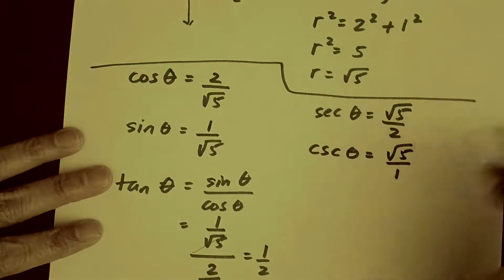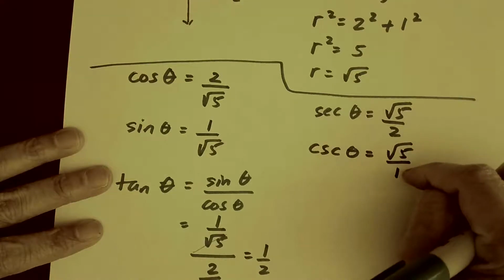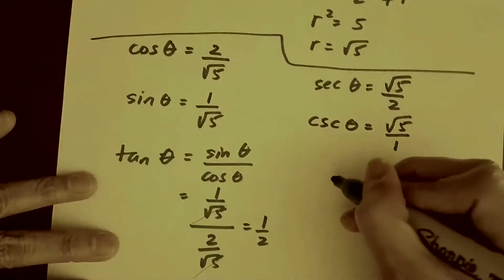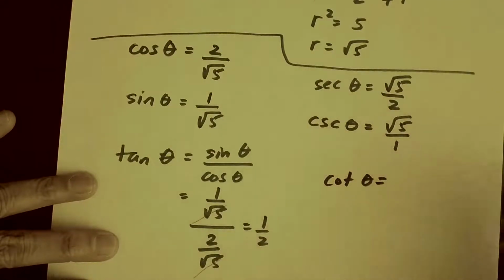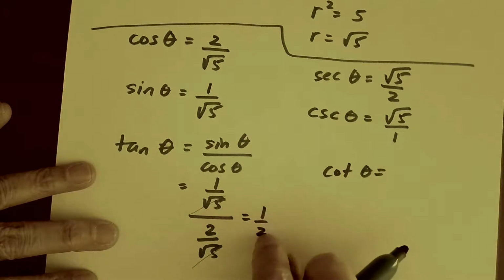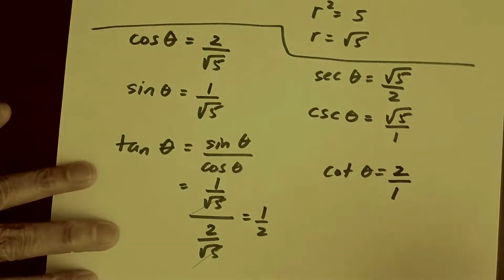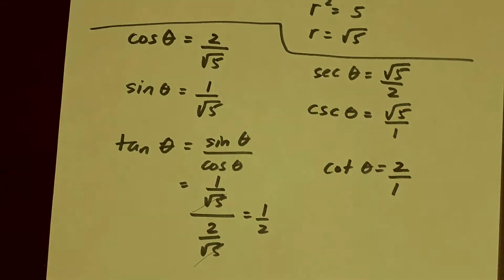You can put just root of 5, but I'm putting root of 5 over 1 so I can see that they're reciprocals of each other. And then cotangent theta is equal to the reciprocal of tangent. So if tangent is 1 over 2, cotangent would be 2 over 1. Okay, so that's question number 8A.